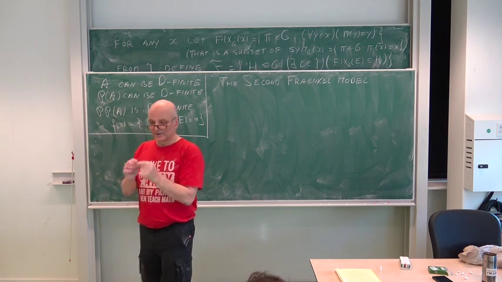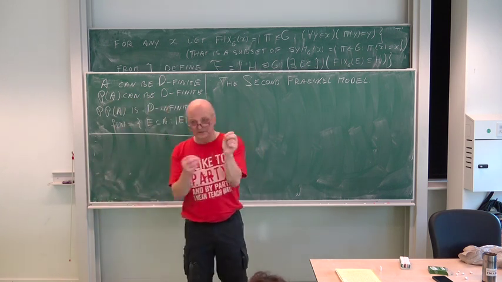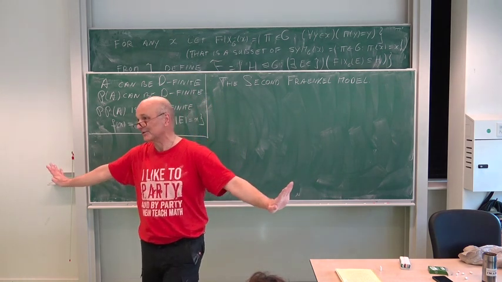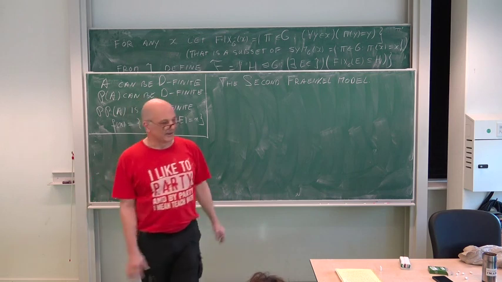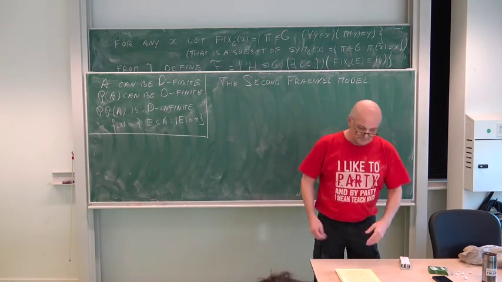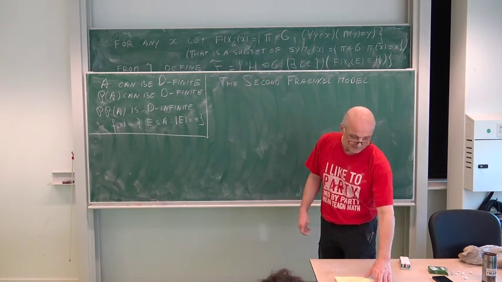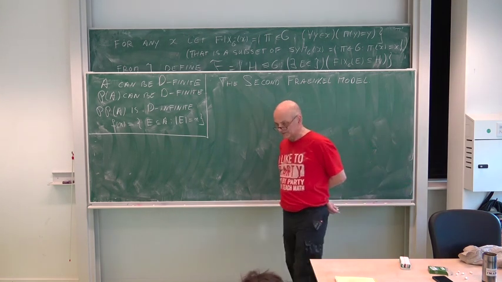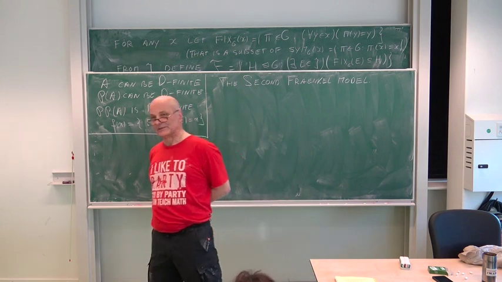Fraenkel wanted to know, is that really sharp? Yes, you can have a set that is not well orderable, but everything else does have a linear order. So there is some order in the universe. But we'll go to the second Fraenkel model now.